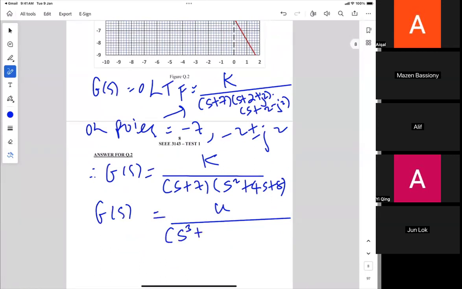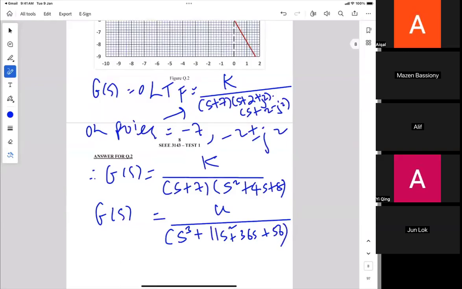Yes, multiply. Right, correct? Yes, correct.